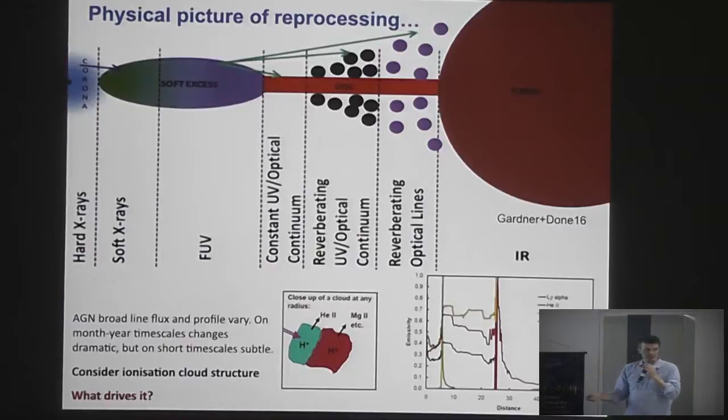And so as you place this cloud at different portions, you'll have a different ionization structure for this. And what this ends up meaning is that most of the emissivity of hydrogen is coming from out here. Most of the emissivity from helium-2 is coming in here. They're at different radii, therefore they're at different velocities. And so the widths of their lines will be different.